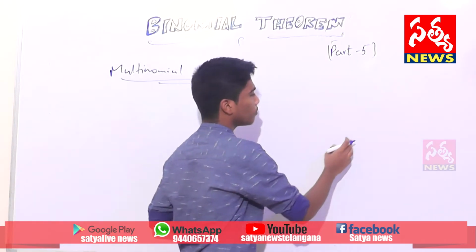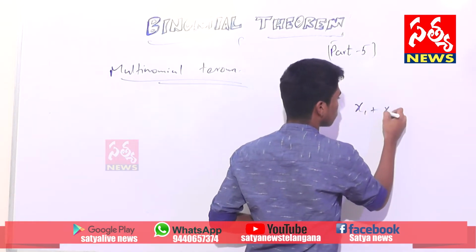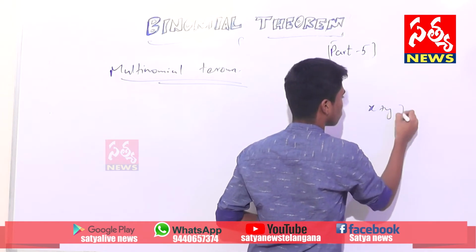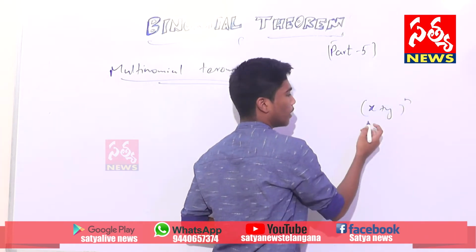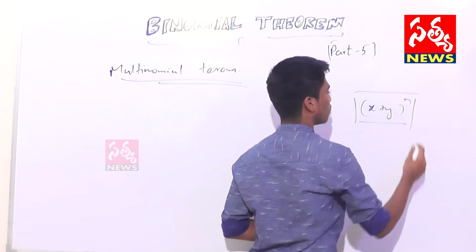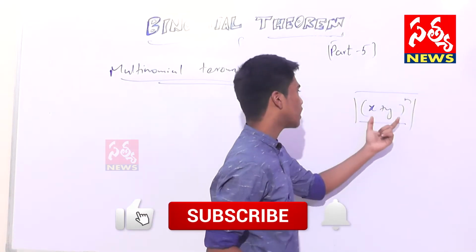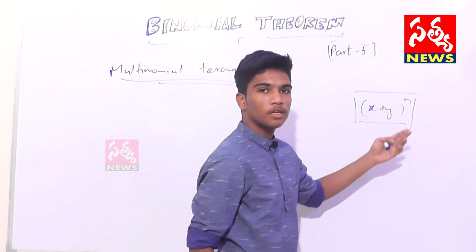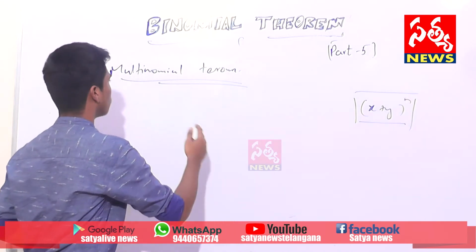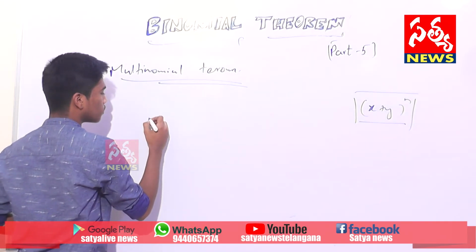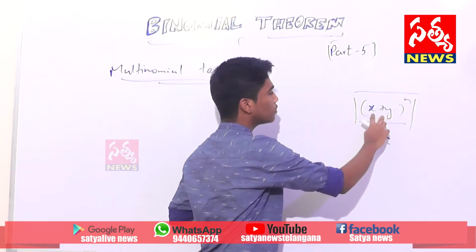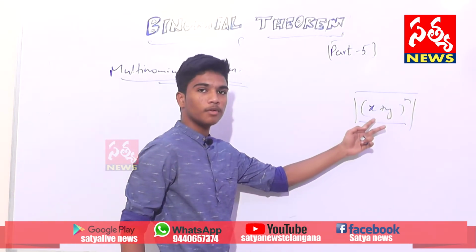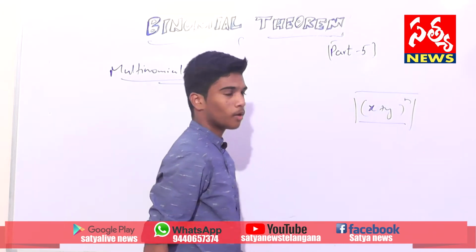We all know that binomial theorem means an expansion, or an expression, which consists of two variables to some power. Similarly, as there are only two variables, we named it binomial.